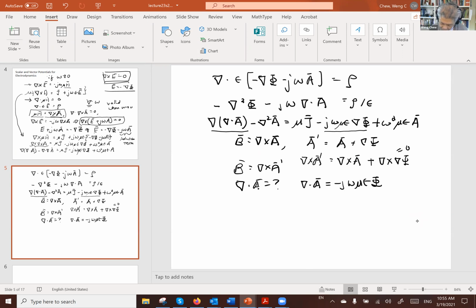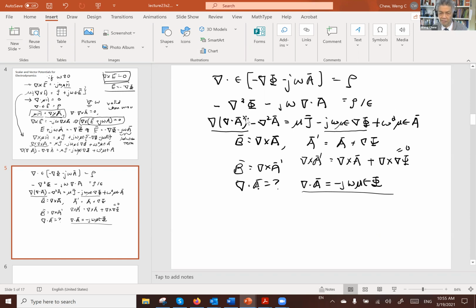So if I stipulate divergence of A to be this quantity over here, then this term and this term cancel each other because they are equal to each other. Can you see that? They cancel each other, and the equation is greatly simplified.